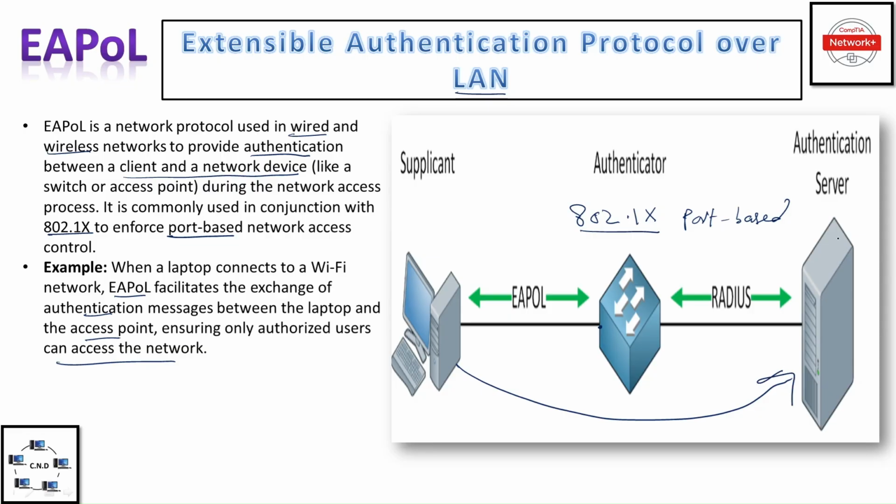This server may be a RADIUS server, a TACACS+ server, etc. The client device is known as the supplicant. The switch that intermediates between the client and the authentication server is the authenticator. And the end server that has the authentication data of the clients is the authentication server.